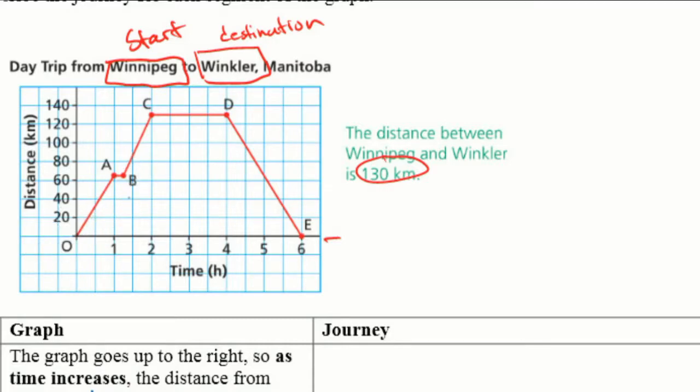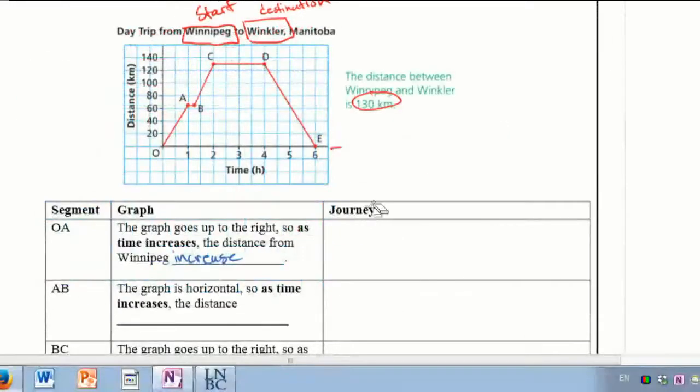So what can we describe as happening here in terms of the journey? So we're looking at the box down here. What's going on there? What could we say is happening? So point A here, if I drop down to my time on the bottom, point A is at 1 hour.